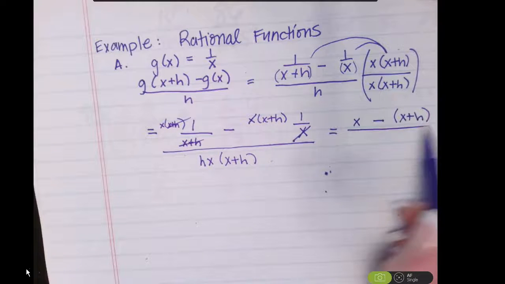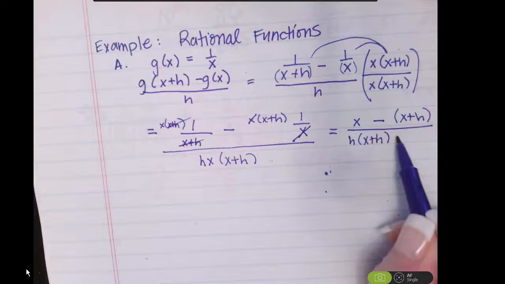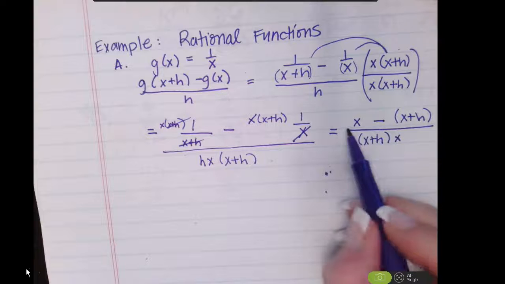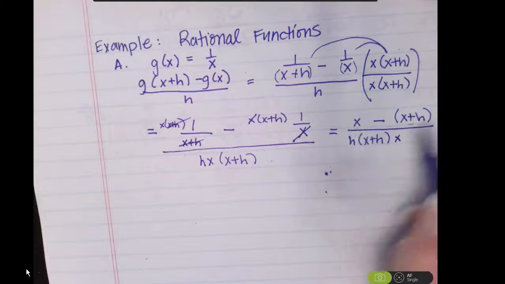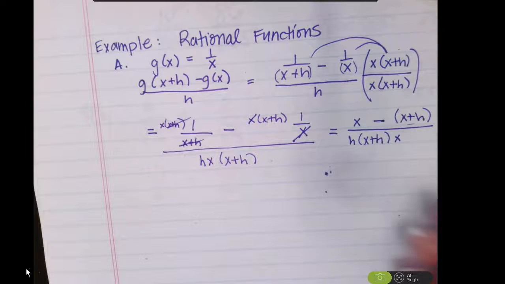And down here on the bottom, I've got h times x plus h times x. And so I'm going to just combine like terms up here on the top, and I've got x minus h.